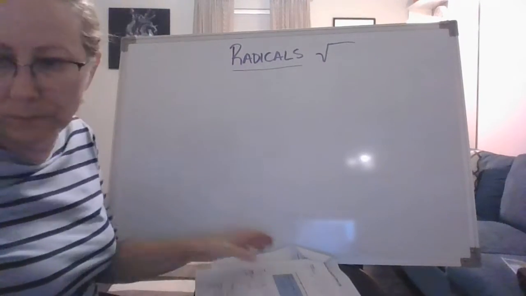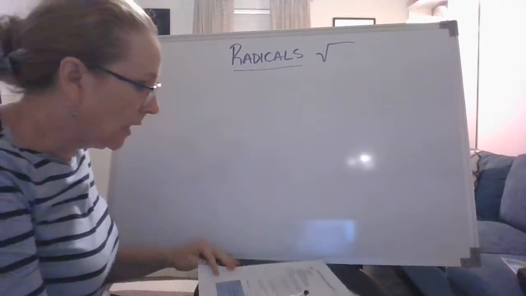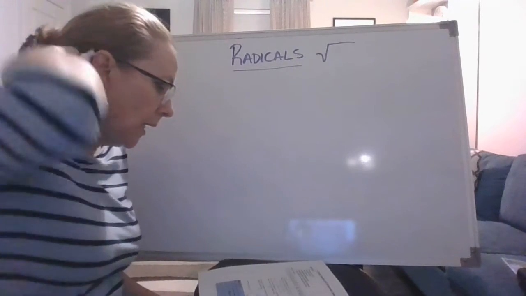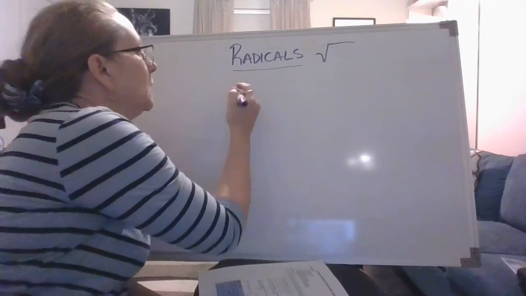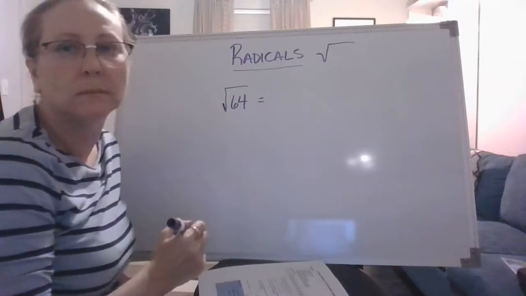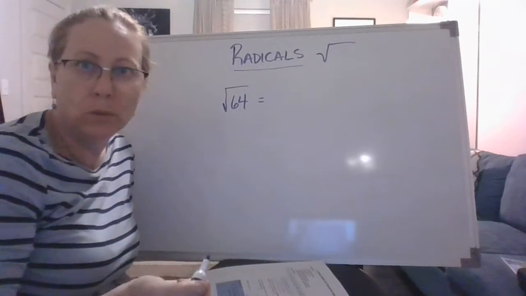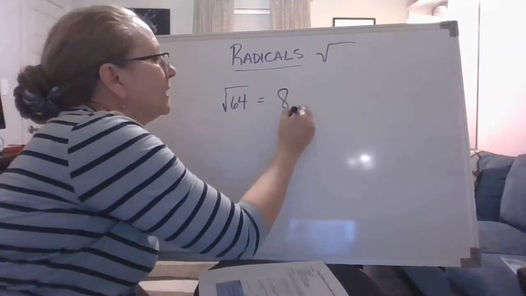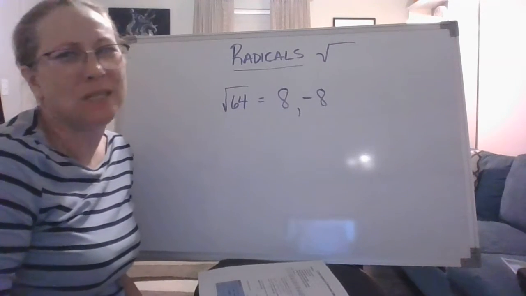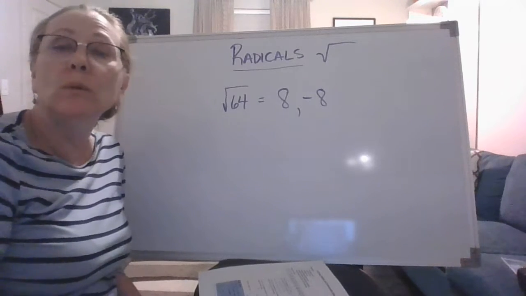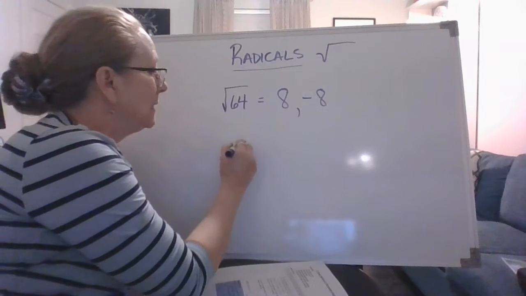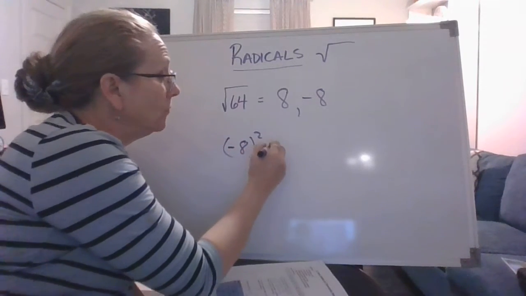Now, first examples using that, I guess I should give you some vocabulary just in case. If I was going to take the square root of 64, there are actually two square roots. There's 8 and there's negative 8. Like, what? The square root of 64 is just 8. Well, you learned that 8 times 8 is 64, but isn't negative 8 squared 64 too?